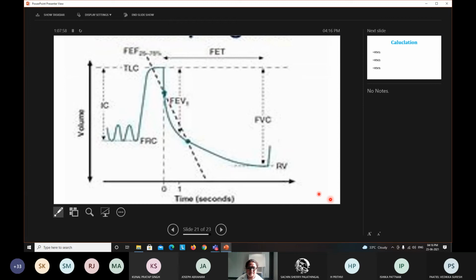From this straight line, you take the point from where expiration has begun and draw a perpendicular line here. Then from this point, measure 2.5 centimeters on this line.